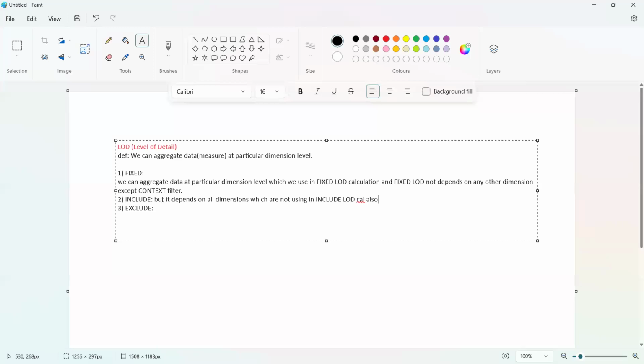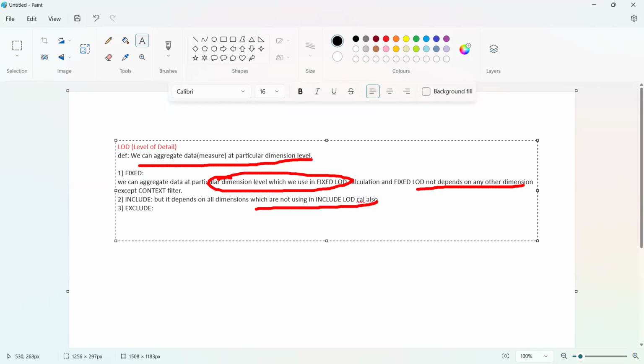Okay, so these two are a bit different actually. Fixed LOD will not depend upon any other dimensions except what we are using in the fixed LOD. But include LOD also aggregates the data at particular dimensions, but it also depends upon the other dimensions.